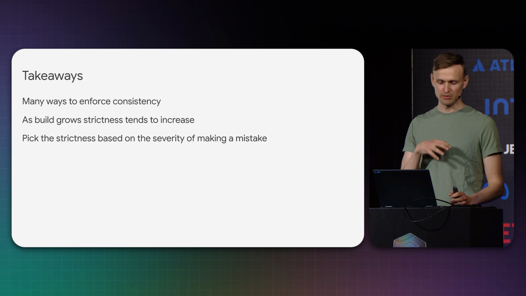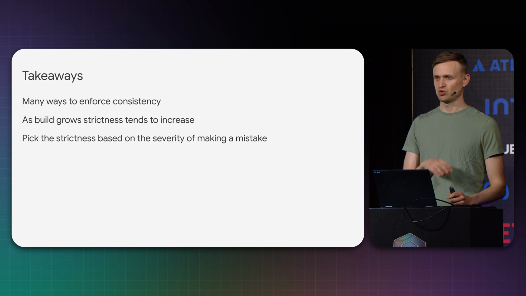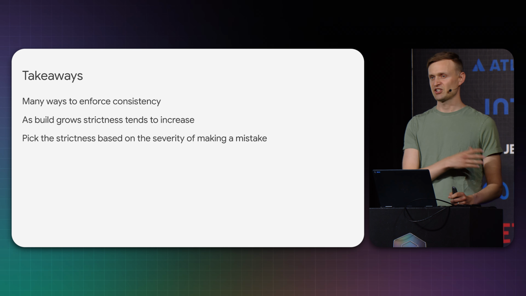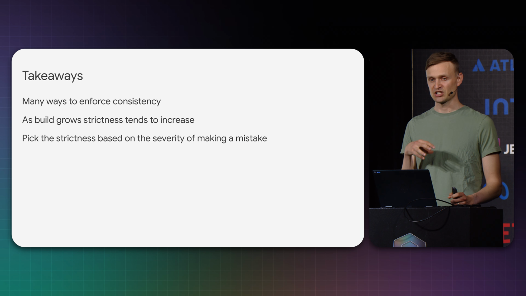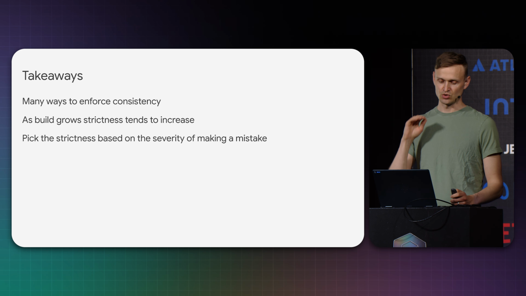And then you want to pick the strictness based on the level of severity of making a mistake. If moving your project accidentally to Java 21 as a default target is extremely bad for your business, that's the thing you want to focus on and make sure that that's the part that is strict first. So just pick your battles and choose what you need to do.